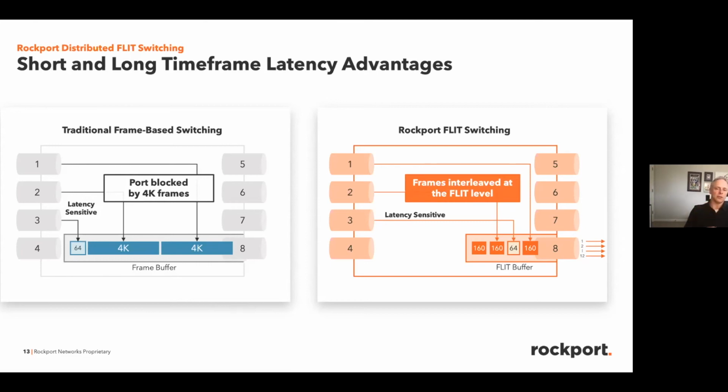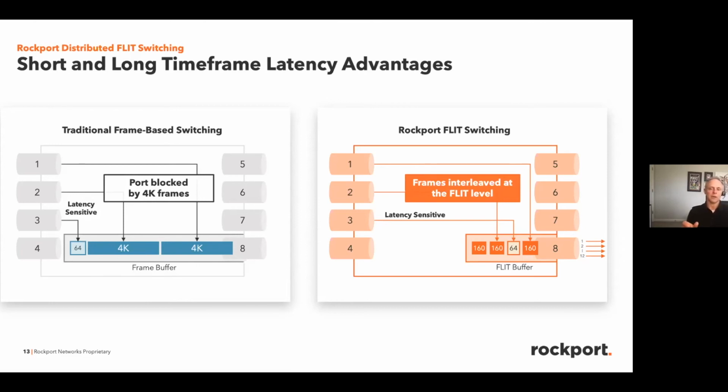So what we're trying to do is figure out a better way. Through a bunch of different mathematical modeling, our engineers have come up with a 160-byte flit size, and it is a variable length flit. So it's not all exactly 160, but it's a maximum of 160 bytes, where we will do basically fair queuing of the flits based on either when the original frame comes in, or based on the priority, so that we can interleave those flits regardless of the actual size of the original frame.